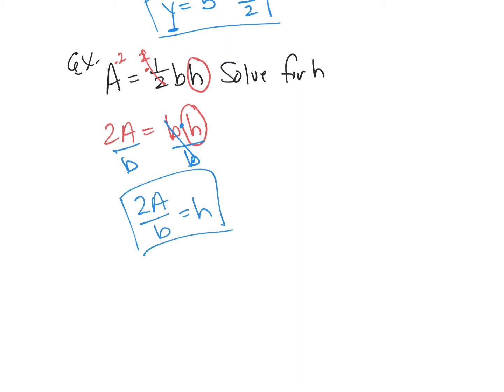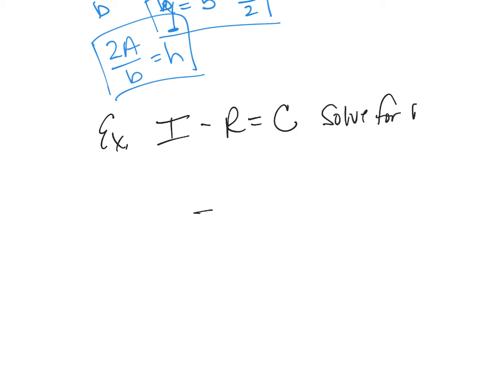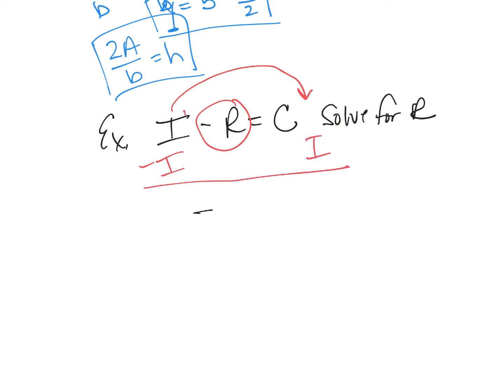Okay, so let's look at another one. If I gave you an example and I said I minus r equals c, and I ask you to solve for r, so we're going to circle r. That means I need to bring I over, so I'm going to subtract I, draw my line, cancels out.